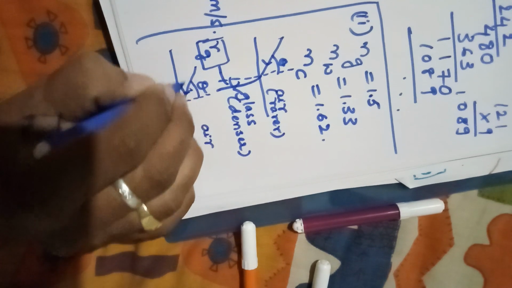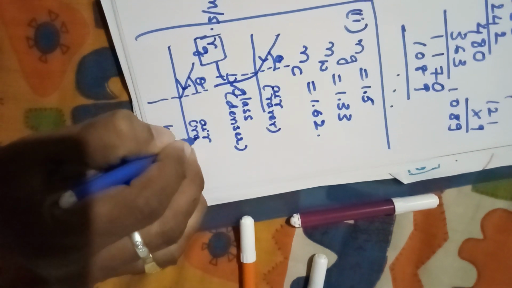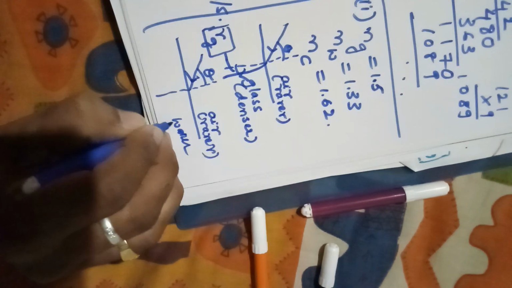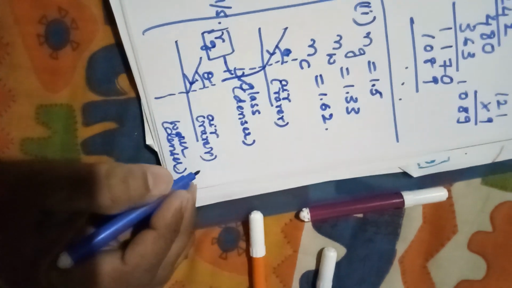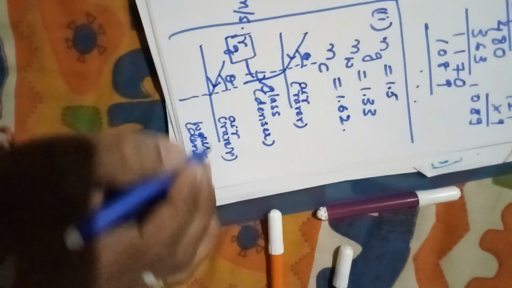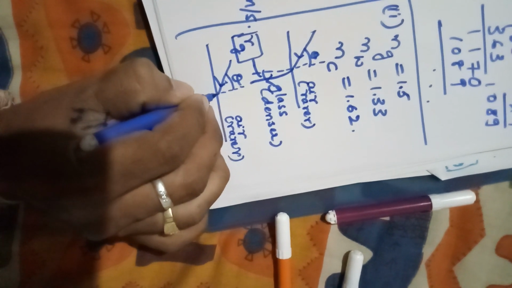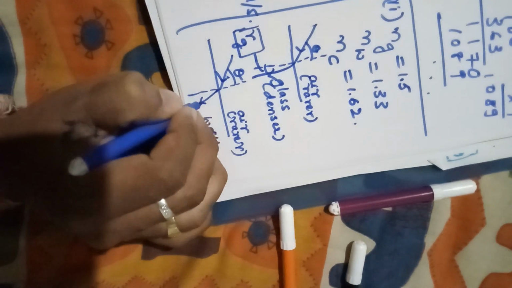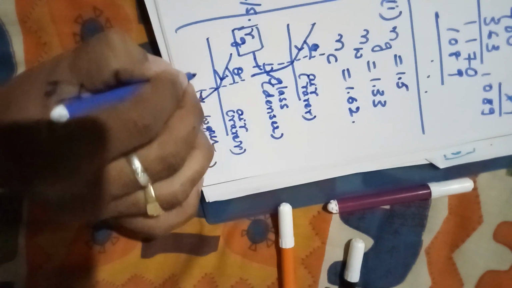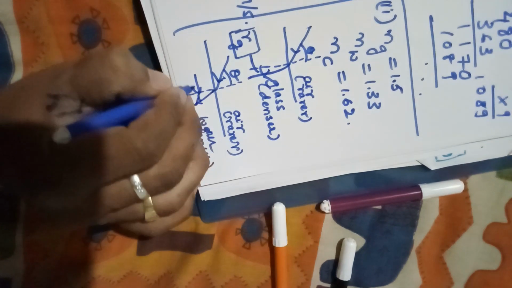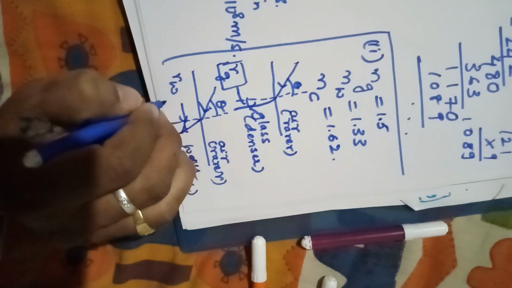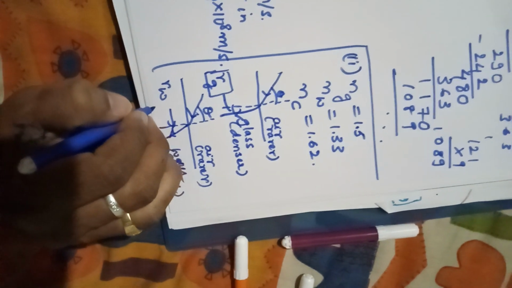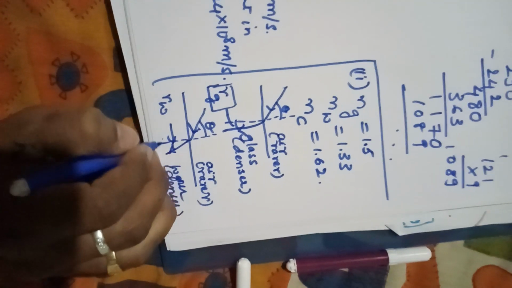Again, here this particular ray of light is traveling from rarer medium to denser medium. Water is denser medium compared to air. Air is rarer medium compared to water. Again, the ray of light will bend towards normal. And this one, let's call it as Rw. So Rw here is the angle of refraction in the water medium.